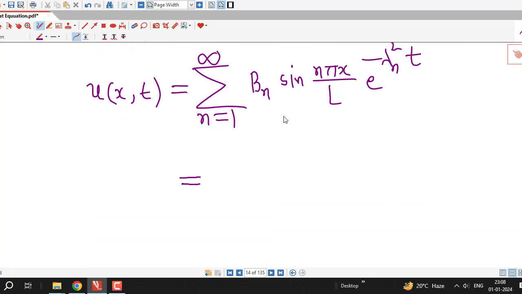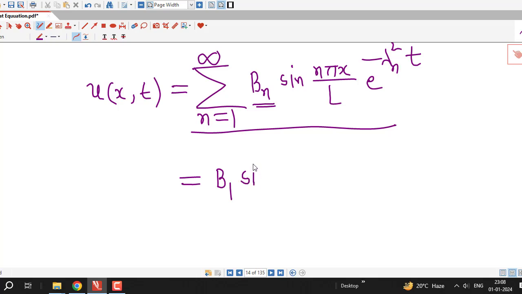But we know that bn is 0 for all values of n starting with 2, and we have only b1 non-zero. So this is going to be a finite series with only one non-zero term for n equal to 1.